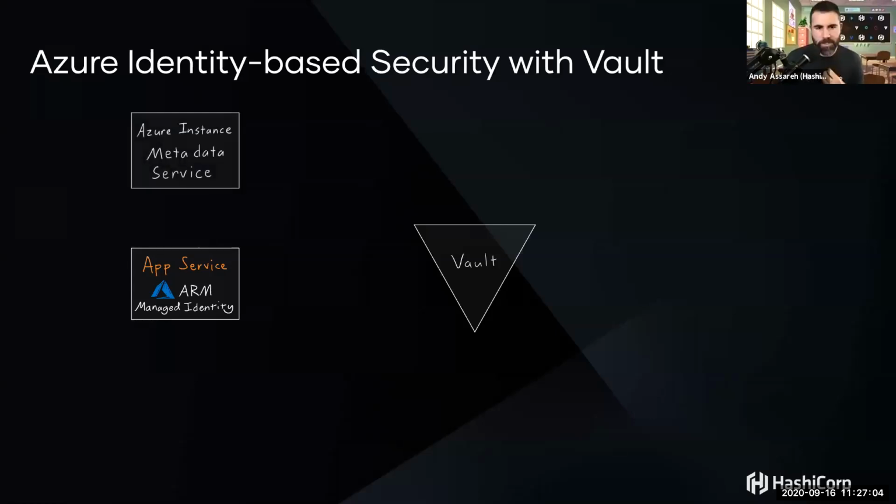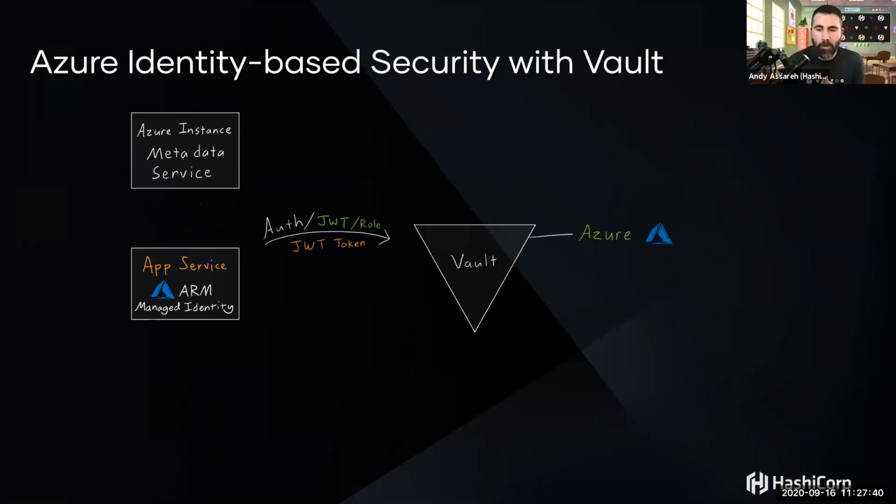Then my app service is going to query the Azure Instance Metadata Service, which, if you've seen it, is that funny IP address, 169.254.169.254. We'll look at that in the demo. My app service will query that instance metadata service and say, give me an access token, something that proves my identity. And that's done with a JWT token. The instance metadata service, which again is part of the Azure platform, provides a JWT token to my app service. Then I can turn around and present that JWT token to Vault.